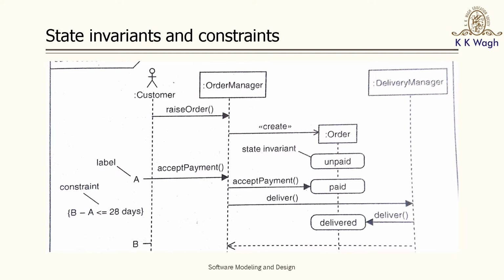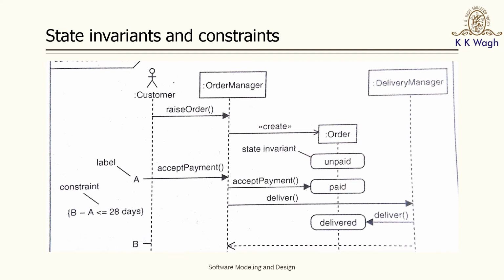Every classifier or class can have a state machine that describes the life cycle of its instances in terms of the states they can be in and the events that cause them to transition between those states.